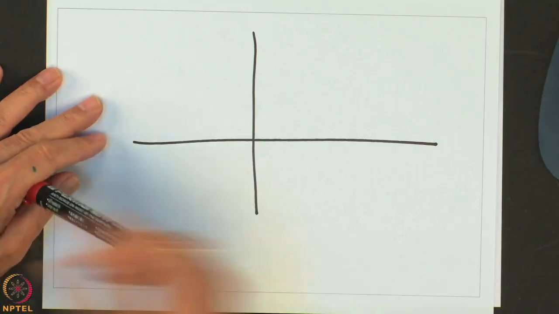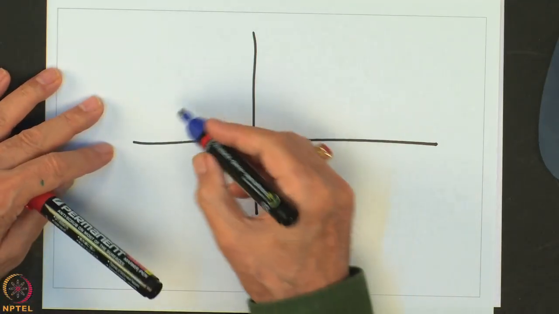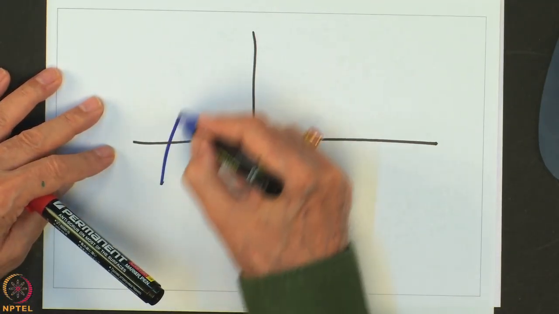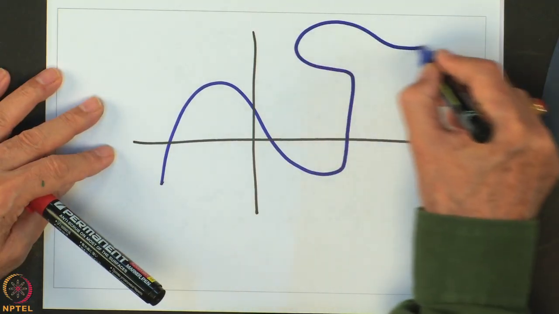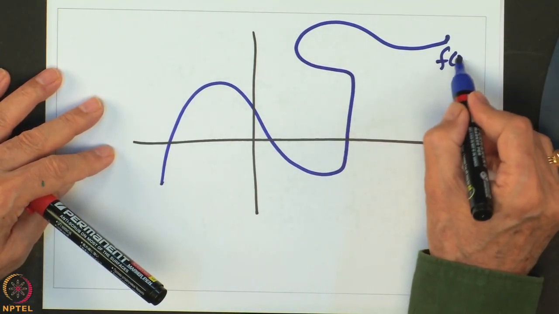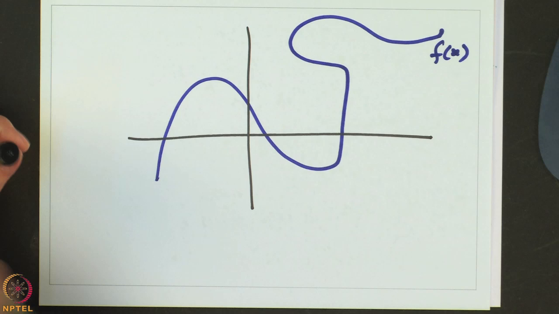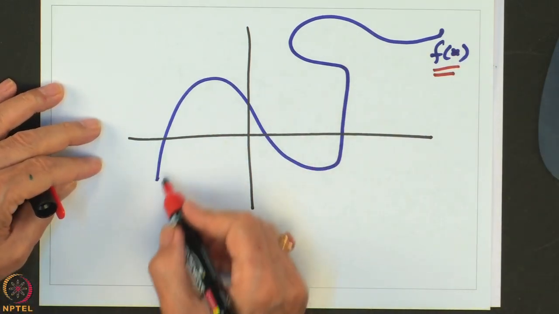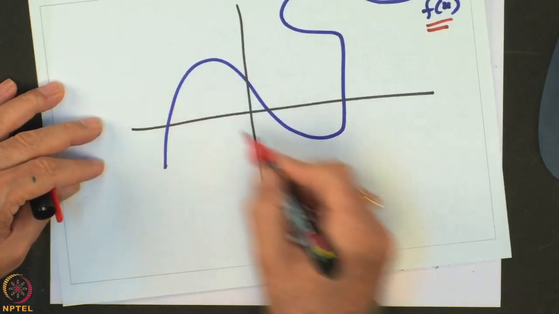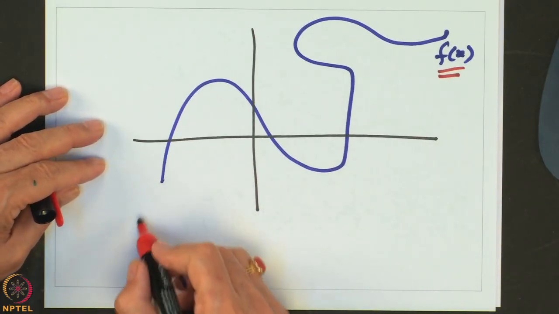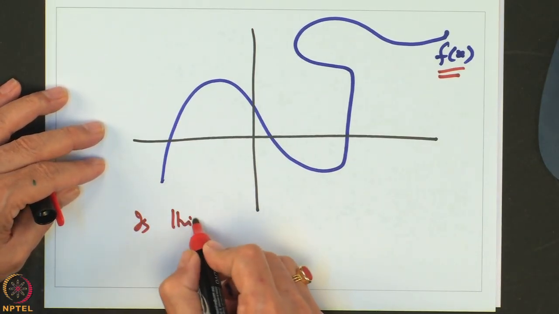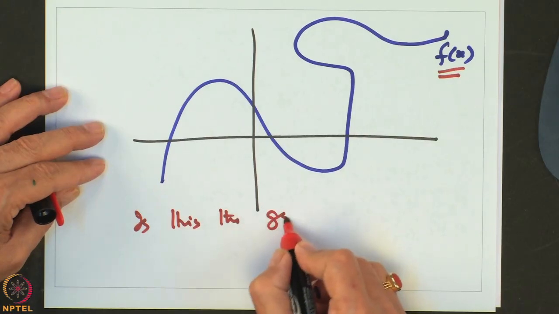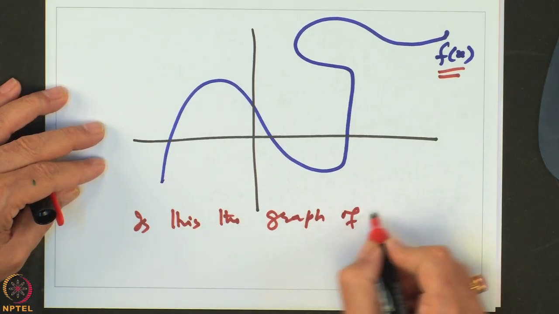So, let us draw another picture and look at f of x. Can I say that this curve is the graph of a function f? Is this the graph of a function?